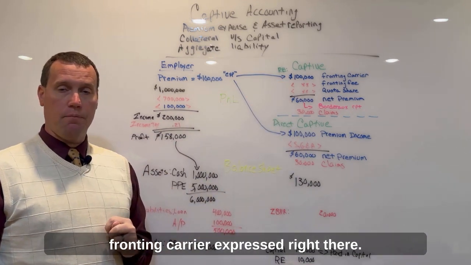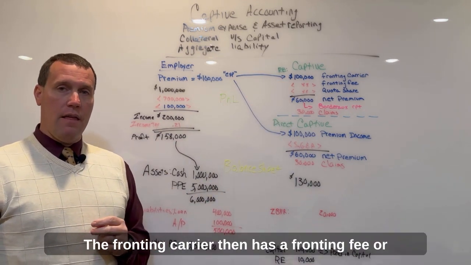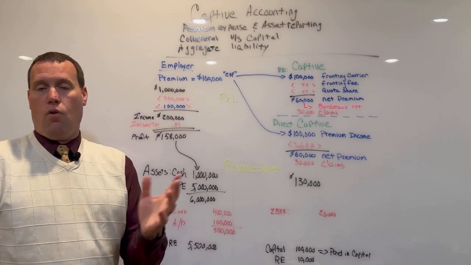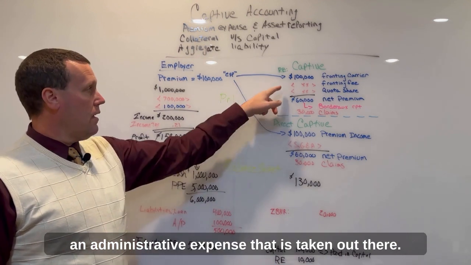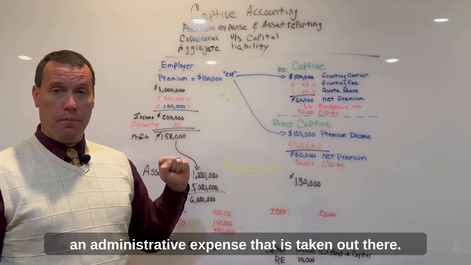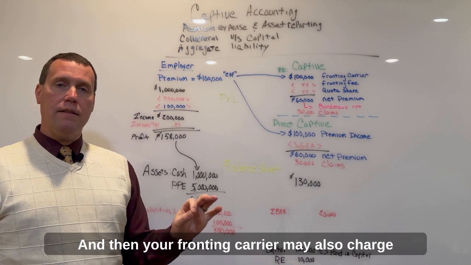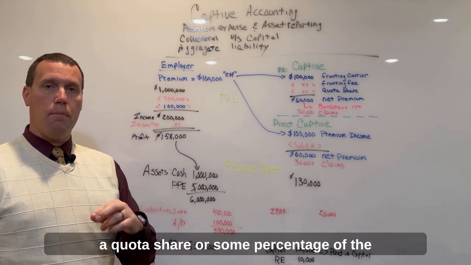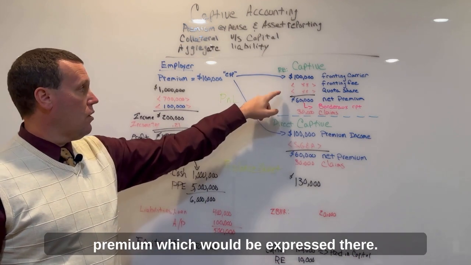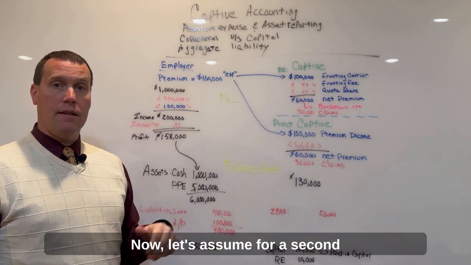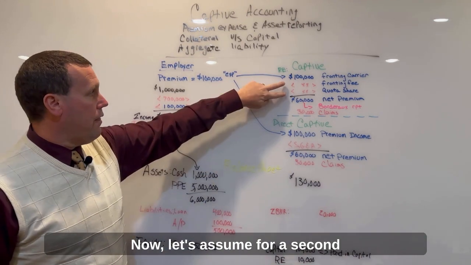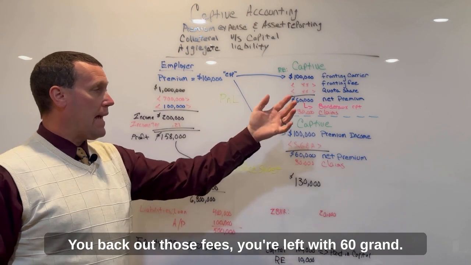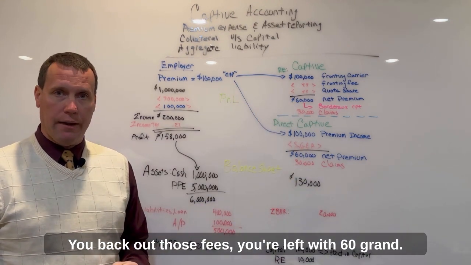The fronting carrier then has a fronting fee or an administrative expense that is taken out, and your fronting carrier may also charge a quota share or some percentage of the premium. Now let's assume for a second these two fees total $40,000. You back out those fees, you're left with 60 grand.